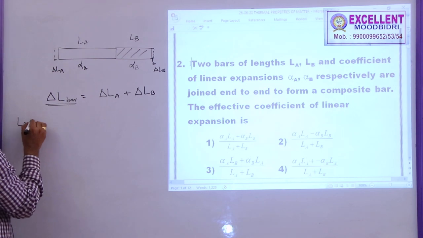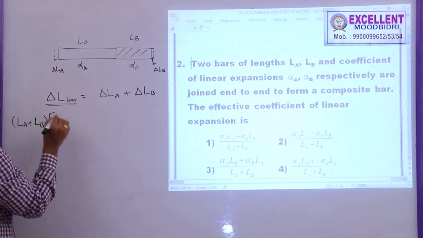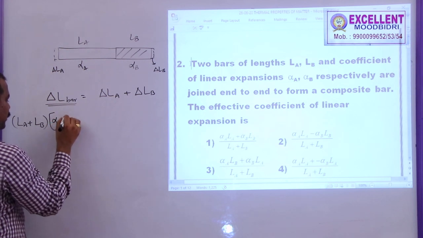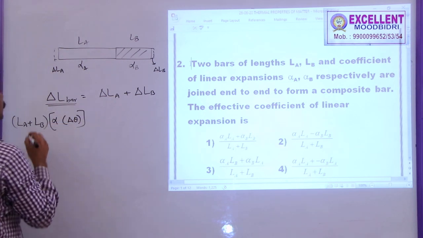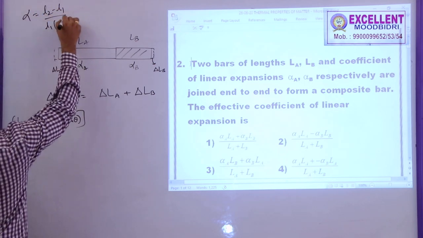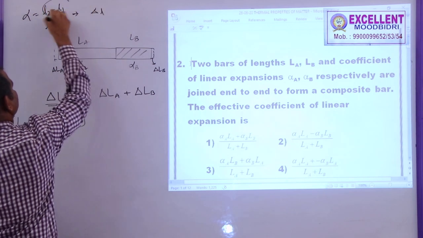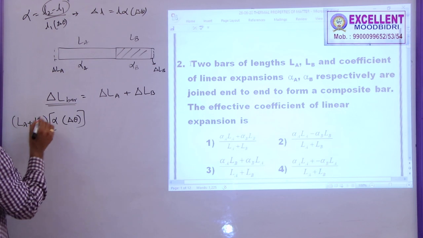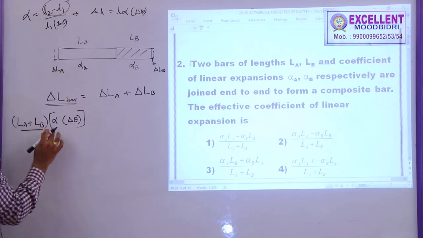Total length LA plus LB into alpha into delta theta, because alpha is equal to L2 minus L1 by L1 into delta theta. So delta L is equal to L alpha delta theta, that is the initial length of this rod before heating, alpha delta theta.